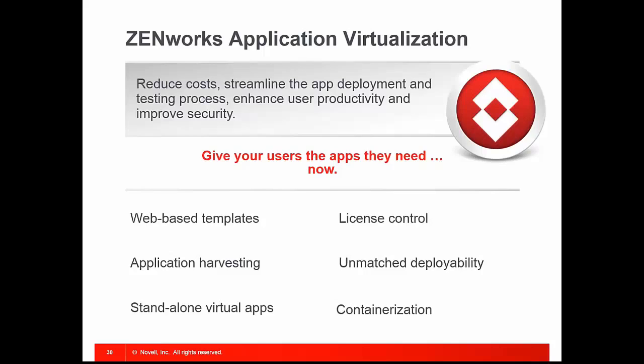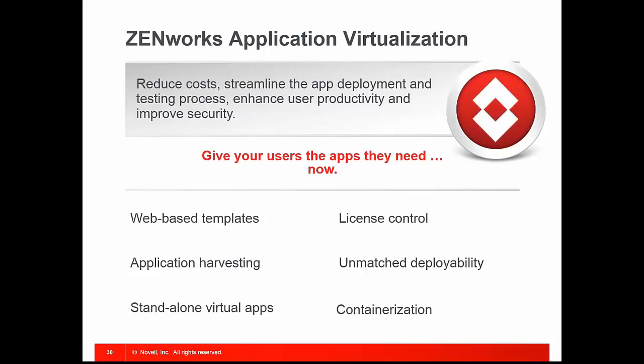Application harvesting. If you already have a workstation that has many applications installed on the desktop, you could install ZAV Studio and tell it to harvest, scan the machine for all installed applications, and match this list against our online repository of templates, and quickly virtualize all the matched applications in a single step.